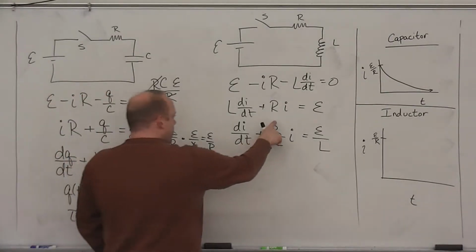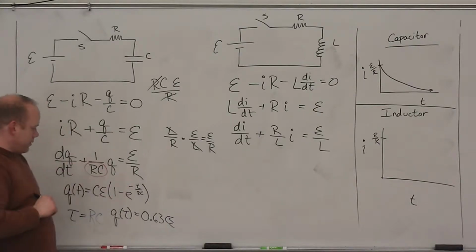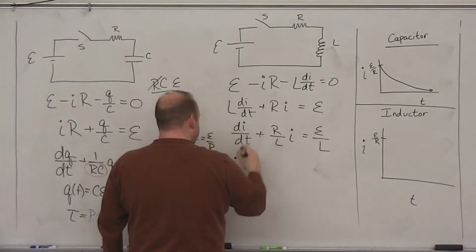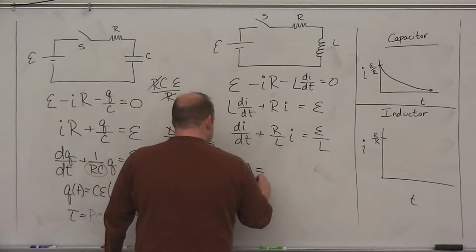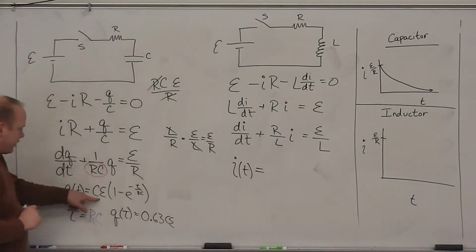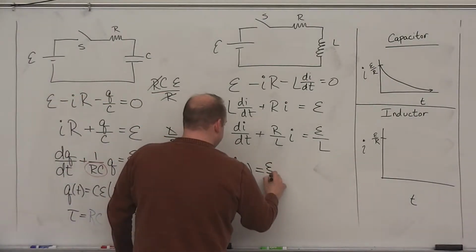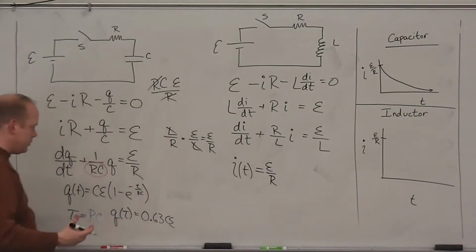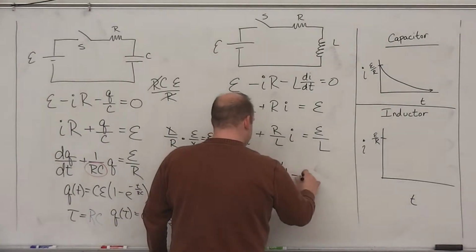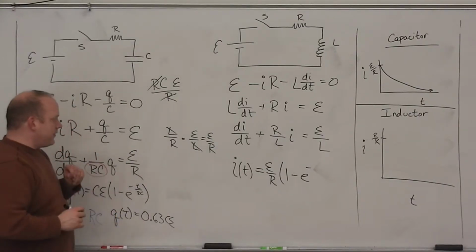Now, this right here, R over L, is where 1 over RC went. So if I look at the current as a function of time, this is not charging up. You don't get an inductor to charge up. An inductor will build up a magnetic field. The current as a function of time will look very similar to this, except instead of CE, we have E over R, which makes sense because E over R is current. 1 minus e to the negative... Now, 1 over RC here, 1 over RC here.